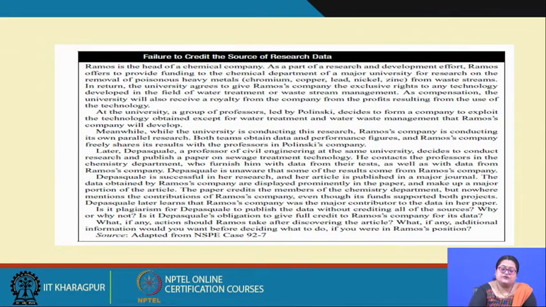Failure to credit the source of research data. Ramos is the head of a chemical company. As a part of a research and development effort, Ramos offers to provide funding to the chemical department of a major university for research on the removal of poisonous heavy metals like chromium, copper, lead, nickel, zinc from waste streams.